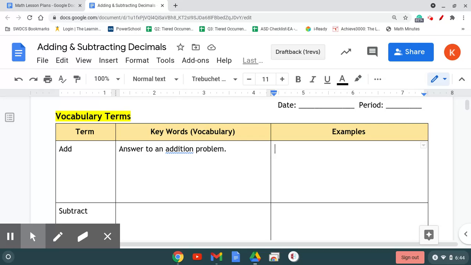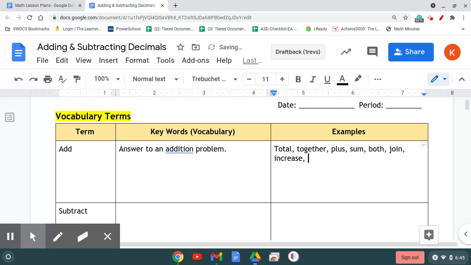So some examples of words that mean to add are total, together, plus, sum, both, join, increase.